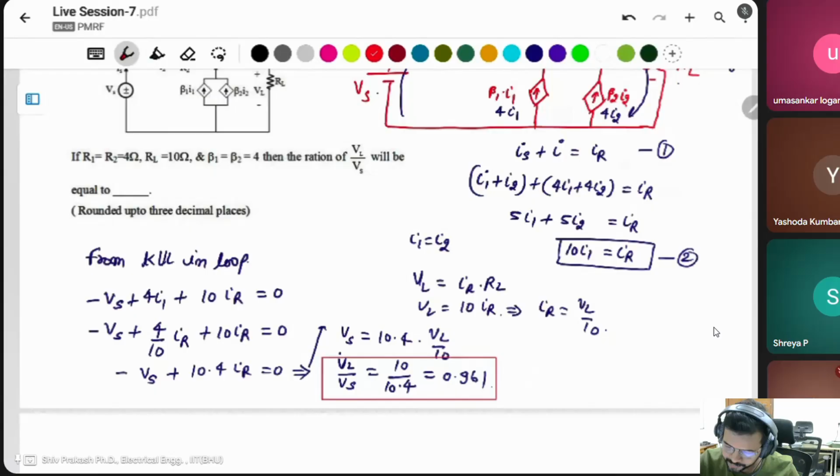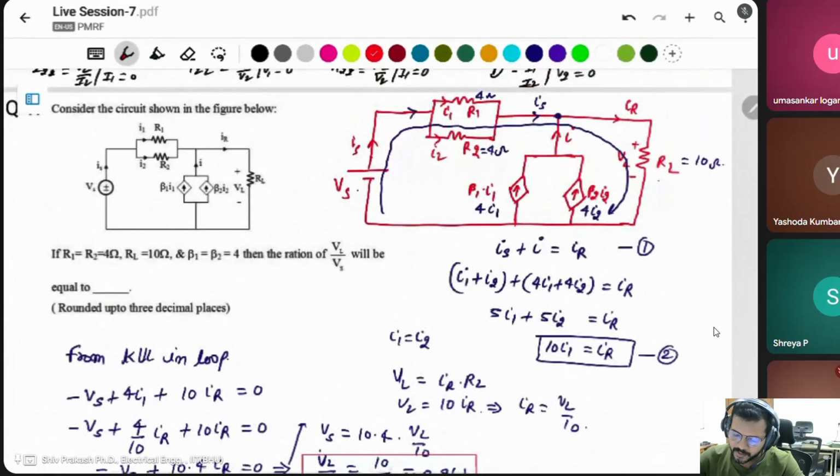Okay. Simply find the current by KCL at that point. After that apply KVL in the bigger loop. Actually you can't apply KVL here because you don't know the voltage drop across the current source. Here it is directly connected to RL, then you can say this is also VL.